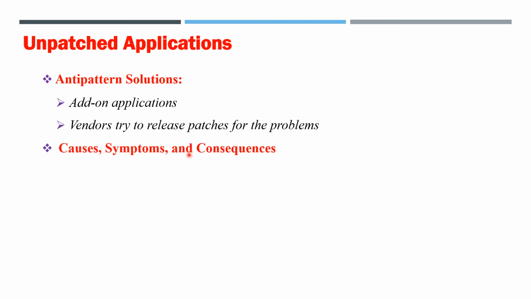Causes, symptoms and consequences of this particular unpatched applications anti-pattern are listed below. Automatic update disabled. We always need to enable automatic update in our systems, whether it is a cell phone or personal devices like a laptop or desktop.